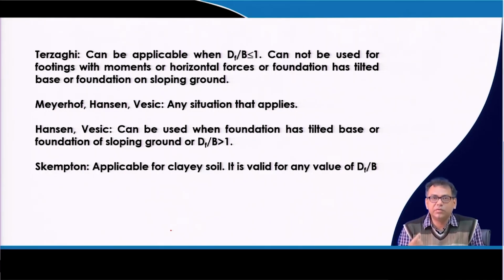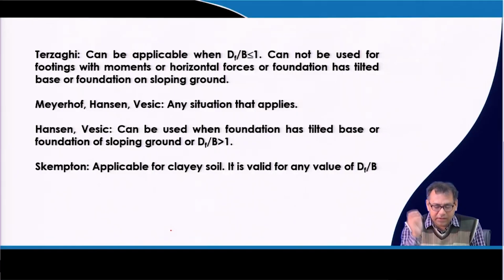Now, which approach do we have to use? Terzaghi can be applicable, remember, when Df by B is less than or equal to 1, but Hansen, Vesic and Skempton, these approaches you can use even for Df by B greater than or equal to 1. Even the Meyerhof approach you can use.